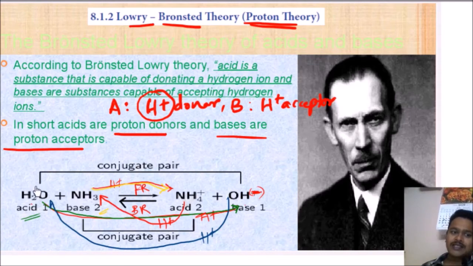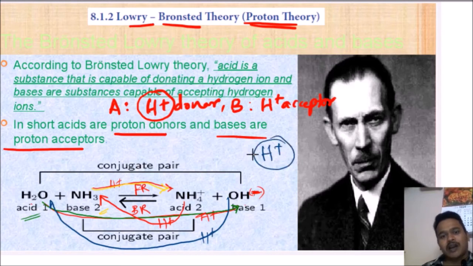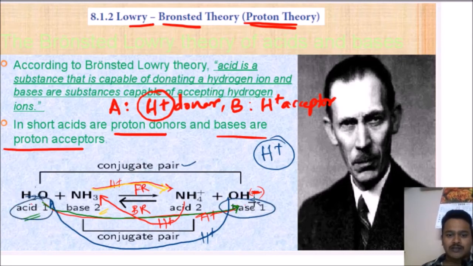So these which differ by one proton, one H plus, are called a conjugate pair. One is an acid, the other one is a base. This is an acid, the corresponding one is a base, so this is called a conjugate acid-base pair. This is a base and this is an acid. These two are called a conjugate acid-base pair. Generally the term is conjugate acid-base pair. Why not say conjugate base and acid pair?